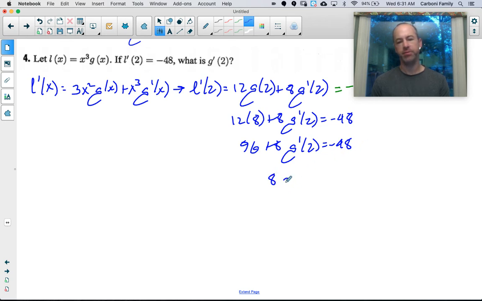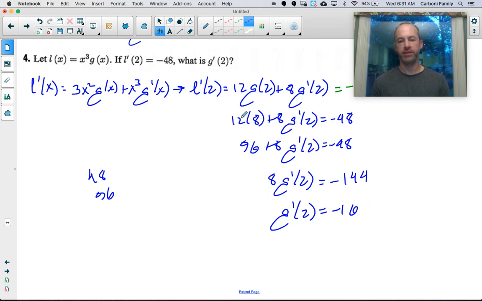So 8g prime is negative 144. And 144 divided by 8, I believe, is negative 16. No, it's negative 18. There we go. So there's your answer for g prime of 2.